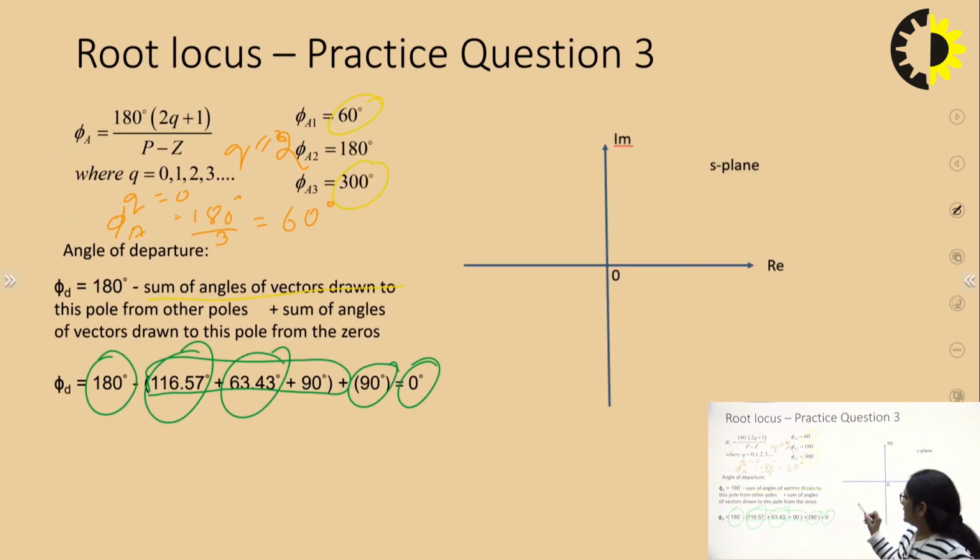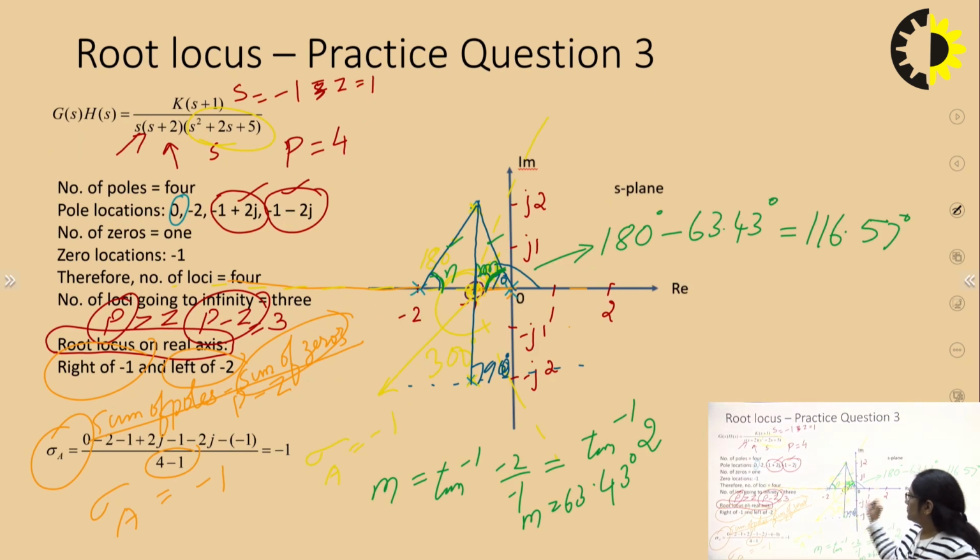Now, looking at this, we can see that there is no breakaway point, because here the pole is marked at the origin and we have a 0 marked at -1. That means this root locus will start at the open loop pole from the origin and end at this open loop 0 at -1.